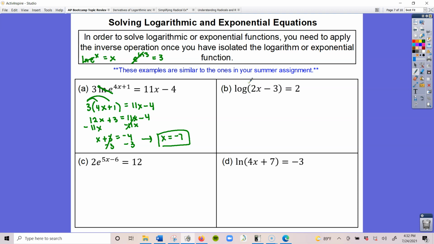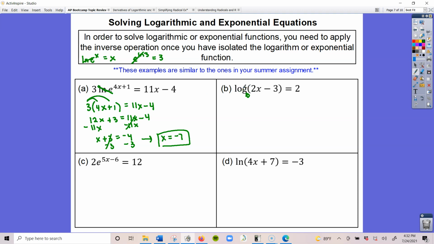If there's no number, it's always 10. If you prefer, you can write it in, but typically, when the base of a logarithm is 10, it's never written. So that's just something to keep in mind. For every other number, if the base was 3, you would see the 3. So if there's never a number, then the base must be 10.